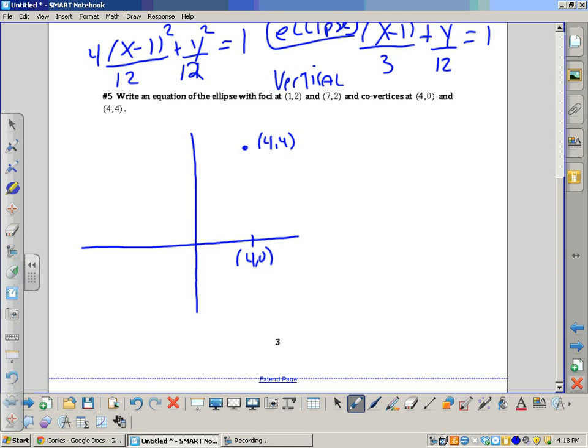That means this is not a vertical ellipse. This is going to be a horizontal ellipse. The center is halfway between either set of vertices, so the center is going to be halfway between these, so (4, 2). Immediately when you know the center, you can plug real quick into this.